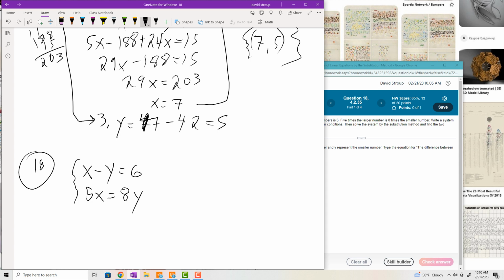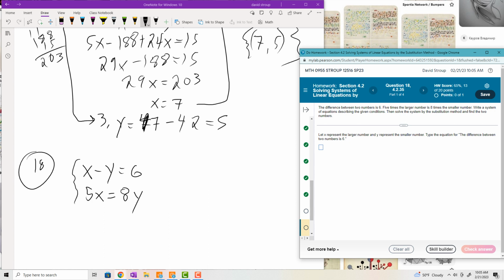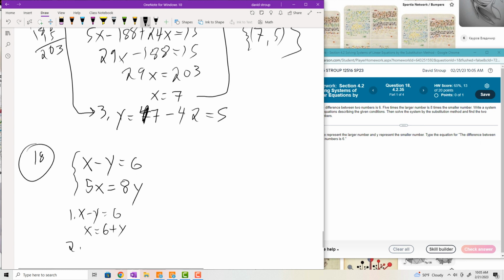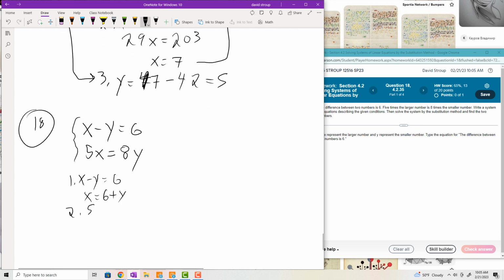All I have to do is solve it. So I'll solve the first equation for x. So x will be 6 plus y. And then I'll sub it into the second equation. So I have 5 times (6 plus y) equals 8 times y. 5 times 6 is 30, plus 5 times y is 8 times y.